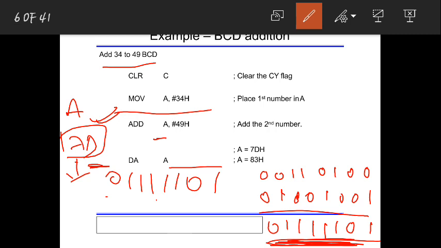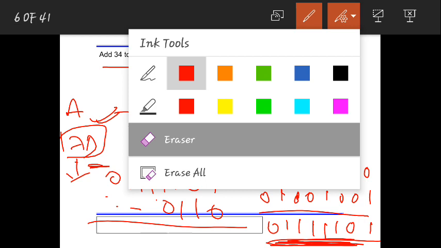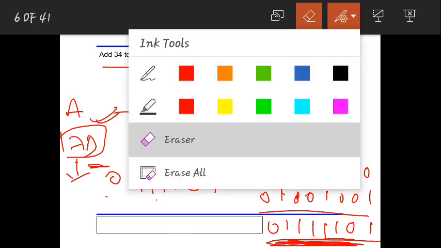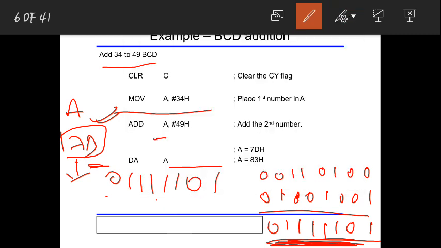To add 6, I'll write 0110. The remaining upper four bits are 0. Now 1 plus 0 I get 1, and so on for the lower bits.